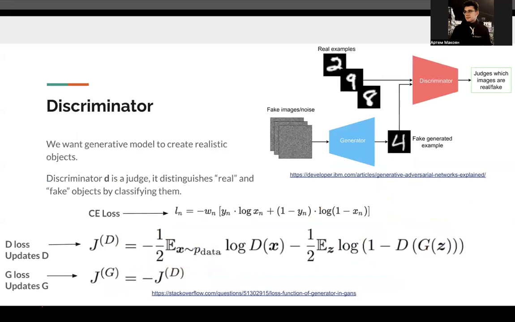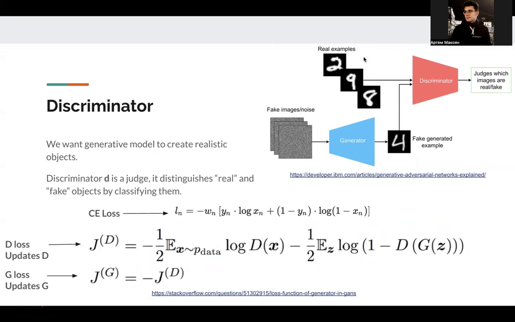In GAN, generative adversarial networks, we also have a discriminator. It's our simple discriminative model, but now we want it to distinguish fake generated examples and real examples. So in fact, we have two models that are playing a game.